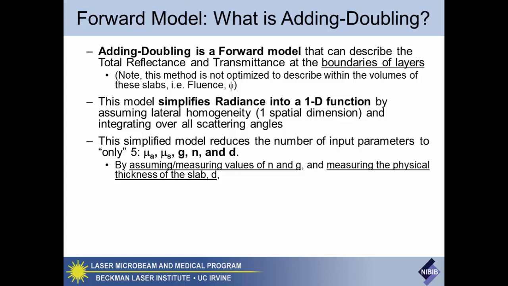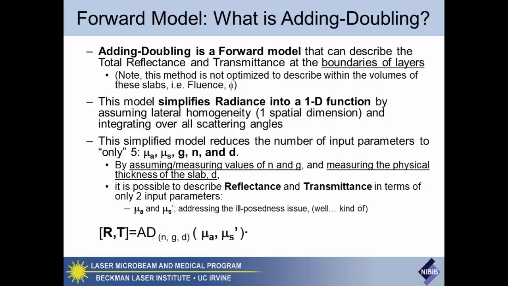And you can actually physically measure the thickness of the slab D. So if you take care of those 3 parameters, now you have a case where you have a measurement of reflectance and transmittance, so 2 measurements, and 2 unknowns, your absorption and your reduced scattering. So this basically reduces this ill-posedness issue that you typically will encounter.